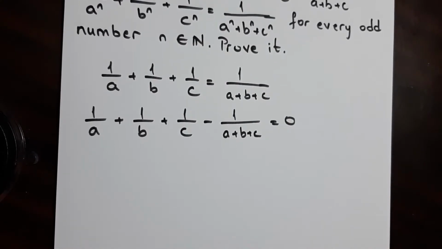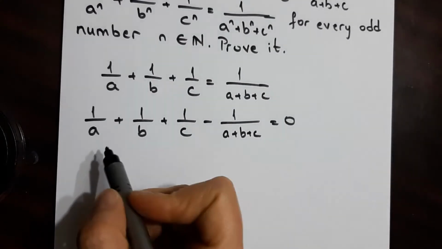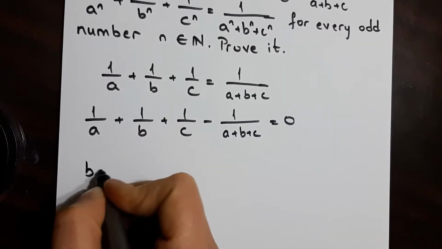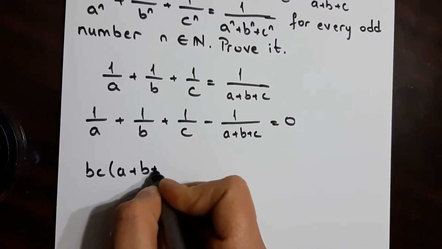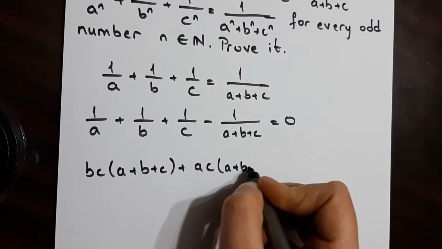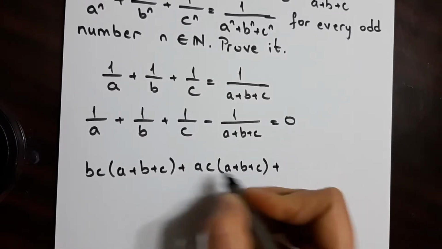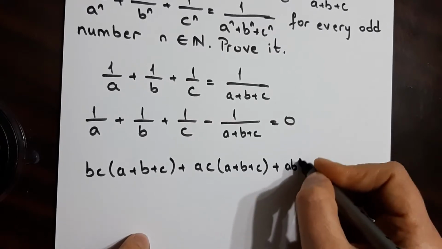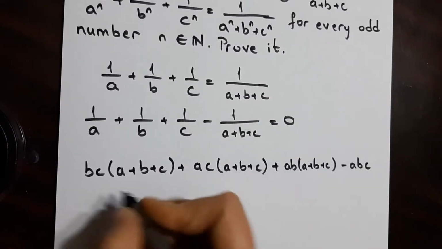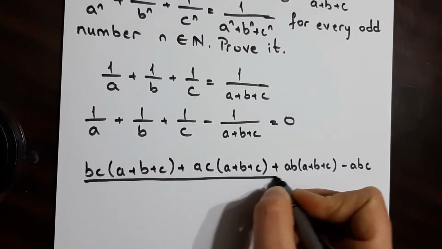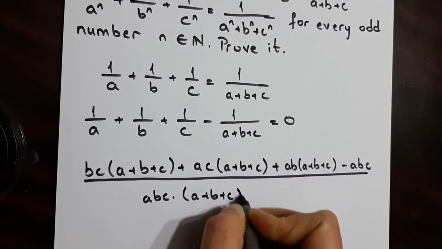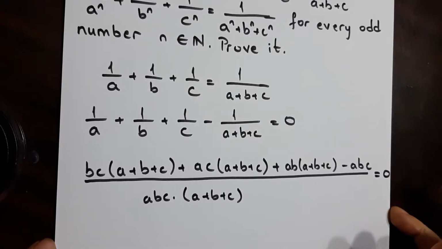Now here I will equalize the denominators, and then I will get bc times a plus b plus c plus ac times a plus b plus c plus ab times a plus b plus c minus abc, over abc times a plus b plus c. This one is equal to 0.